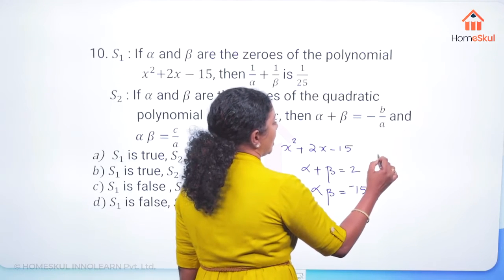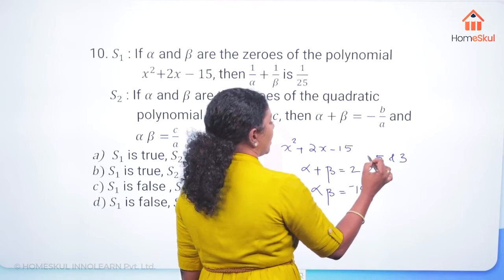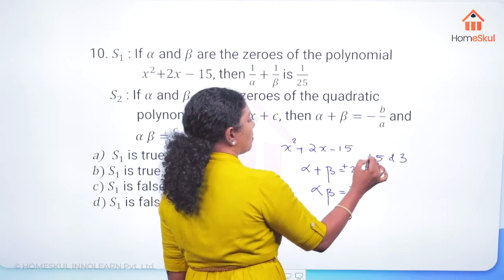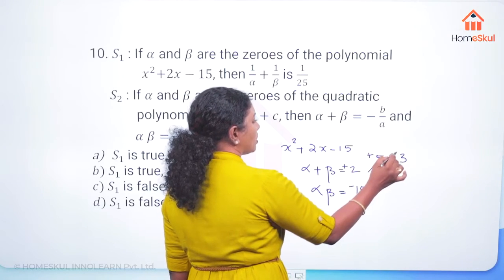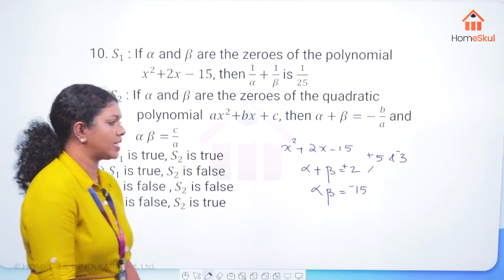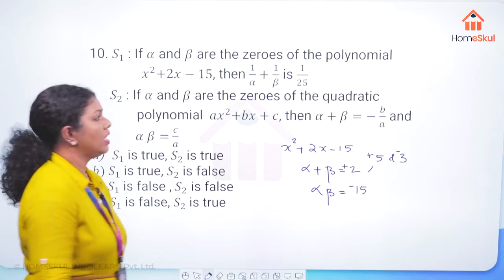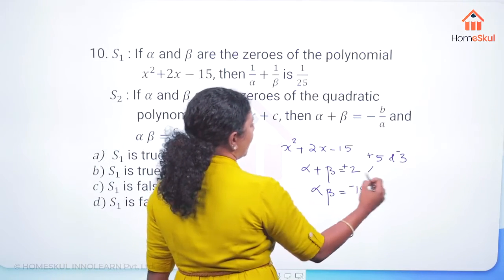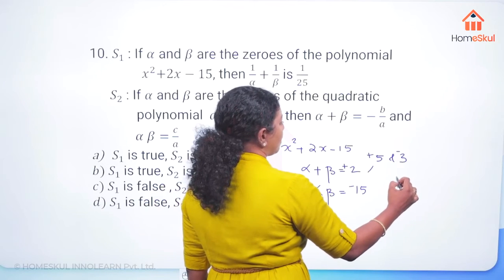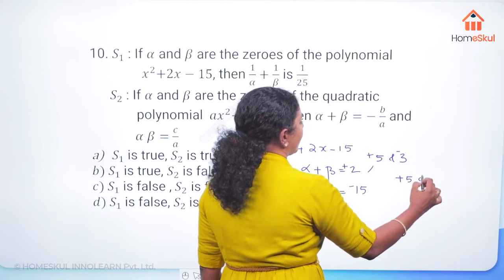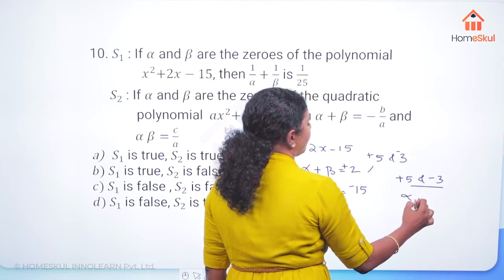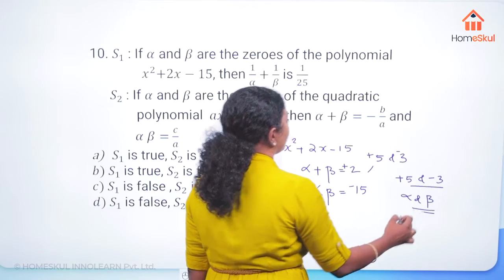So the numbers are 5 and 3, whereas since the sum is a positive number, the bigger number should be positive and the smaller number should be negative. So alpha and beta are 5 and minus 3.